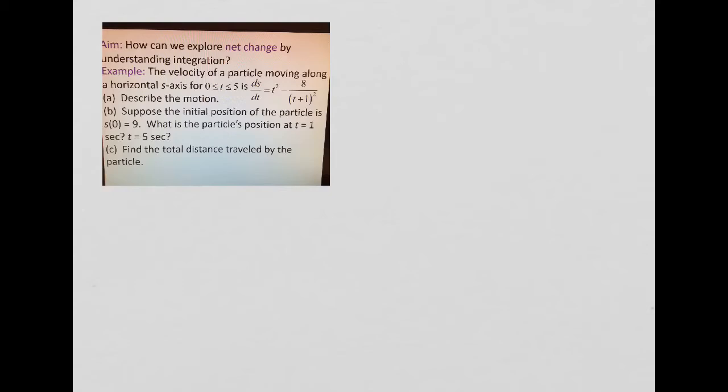Now, looking at my notes, I realized that this wasn't actually said in the problem, but we're measuring along our horizontal s-axis in centimeters, and our time is measured in seconds. I don't know what happened when I typed this out, but it just kind of disappeared, so I want to put it back in there.